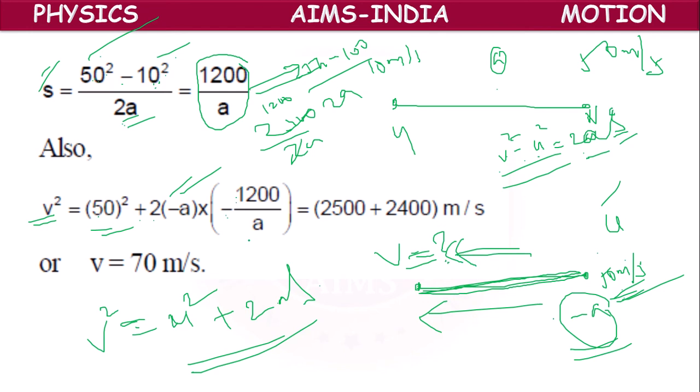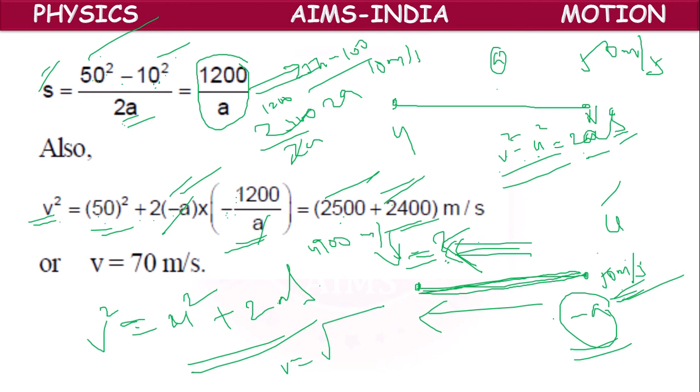That's why we have to take minus 1200 by a. Directions and these plus or minus symbols are very important, children. So the displacement we are calculating in the opposite direction has to be taken as minus. So 50 square is 2500, a gets cancelled, minus into minus is plus, 2 into 1200 is 2400, which equals 4900 meter per second squared. That is v square.